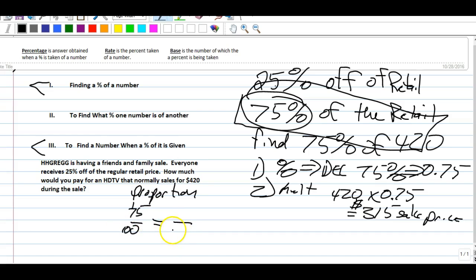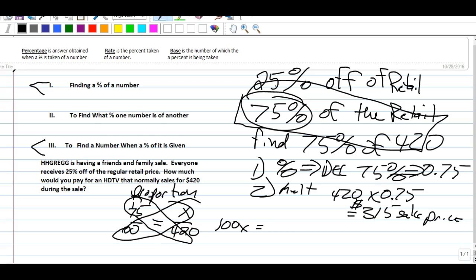If I were paying full retail price, 100%, for the item, I'd be paying $420. So here is an example of how I would set up the same problem using a proportion. Taking the cross products, that's 100x equal to 75 times 420.